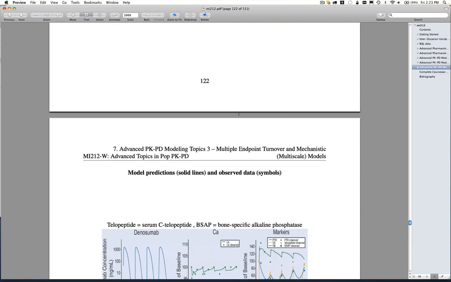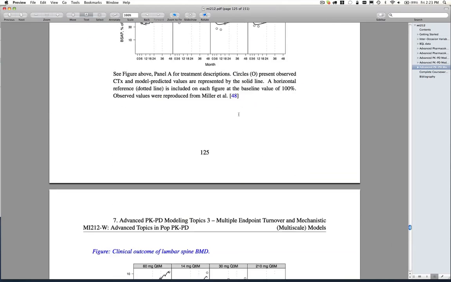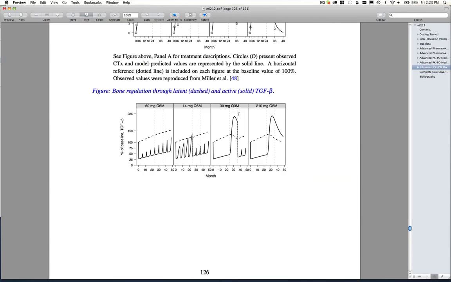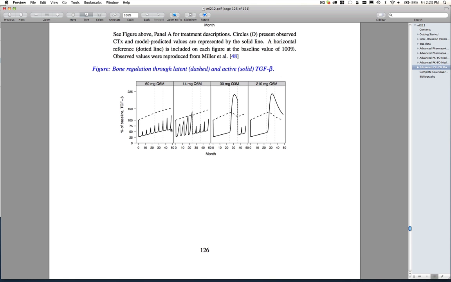And then we give an example of that down in this figure on page 126, where we're showing that slow buildup of latent TGF-beta over time for each of these treatments. And really that corresponds to the tolerance development, if you will, of the active TGF-beta.